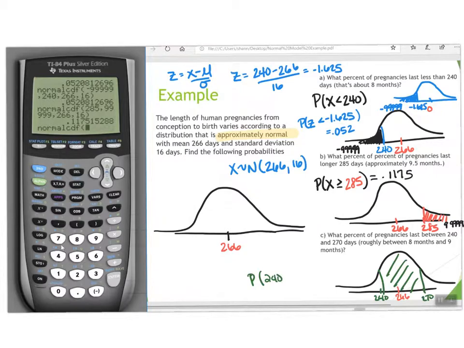The lower bound is 240 and the upper bound is 270, so this time you're not using any nines. The mean is 266 and the standard deviation is 16. We get 0.5466, so 54.66% of pregnancies last between 8 and 9 months.